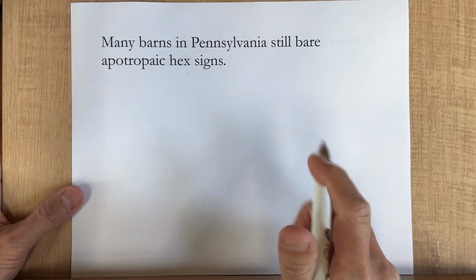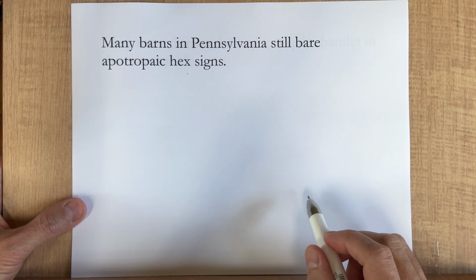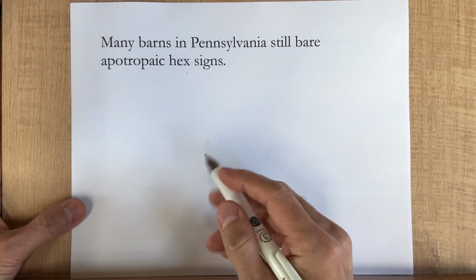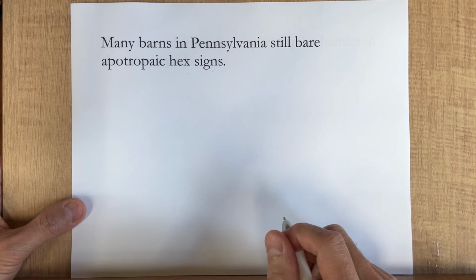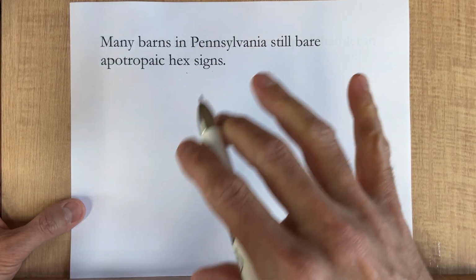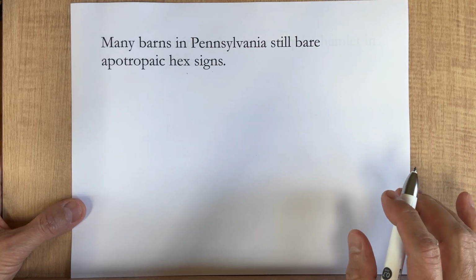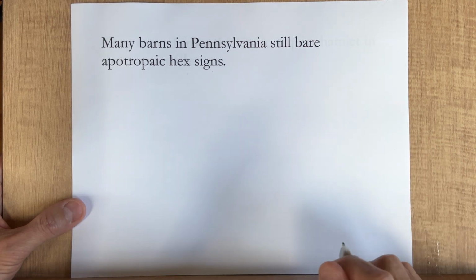Apotropaic in my vocabulary videos means to ward off evil. And most of these barns in Pennsylvania have these kind of ornate signs on there. And they're very decorative. And it's been like an old practice to put these signs on your barns to ward off evil or witches or whatever.